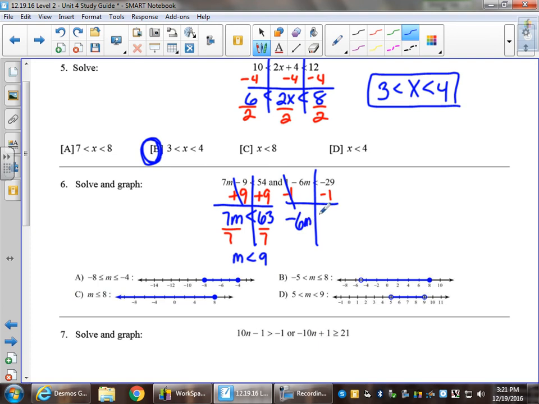Negative 6m less than negative 30. Watch your algebra there. Divide by negative 6, divide by negative 6. Ooh, divide by negative. Inequality sign flips. M is less than 9 and greater than 5.